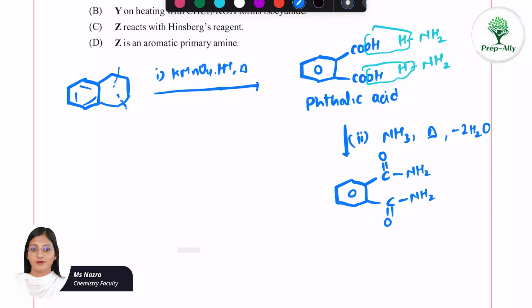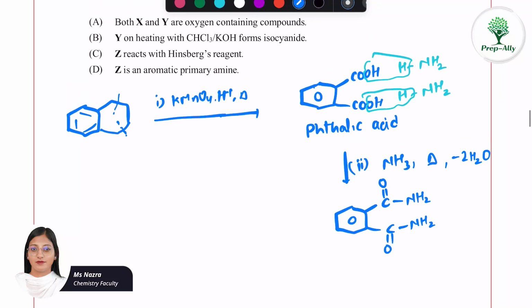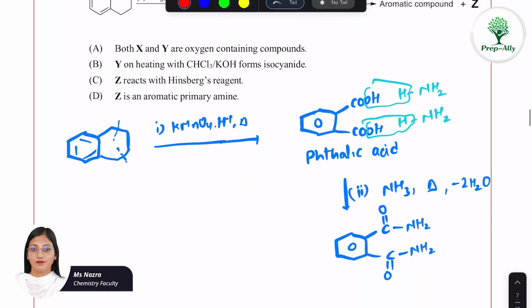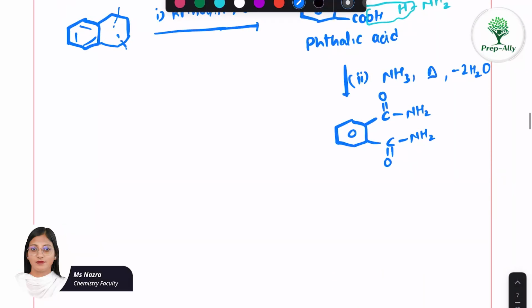So we form the amide over here. First an ammonium carboxylate salt will form, and then we remove the water. We don't have to go into the stepwise mechanism. I am just telling you the simple way to make the amide from the carboxylic acid and ammonia. Now this compound is our compound X.